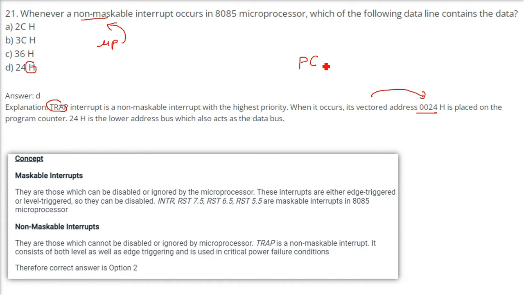So this 0024 will be placed in the program counter, and this 0024 is the lower address bus, which is also acting as the data bus. As I told you, AD0 to AD15, this is the whole address bus, and the 8-bit part is used for the data bus as well. So here the answer is 24H.